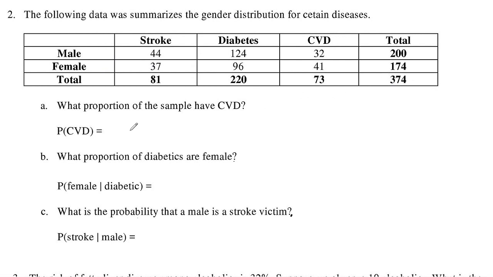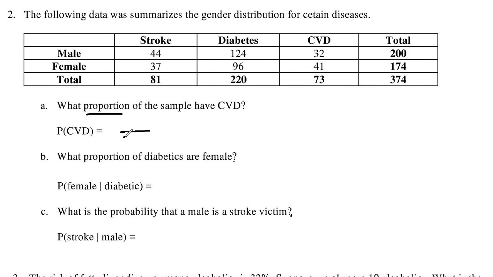And they ask us first a general probability question. What is the proportion of the sample that have cardiovascular disease? Well, there's 73 that have cardiovascular disease. That's the number, and that's out of 374. We're assuming it's equally likely that you'd pick any one of those 374.